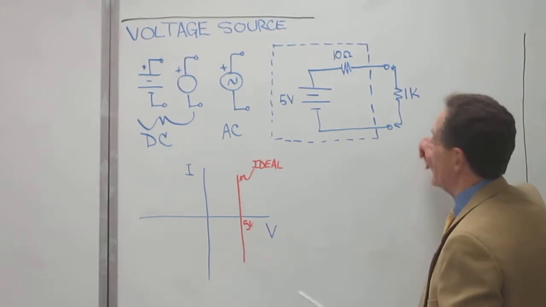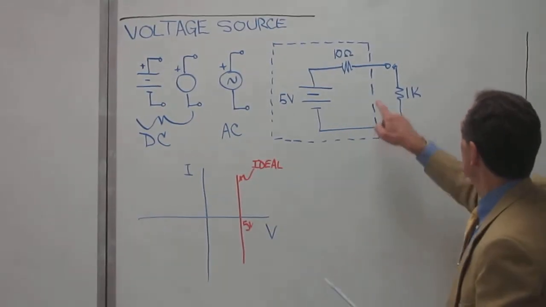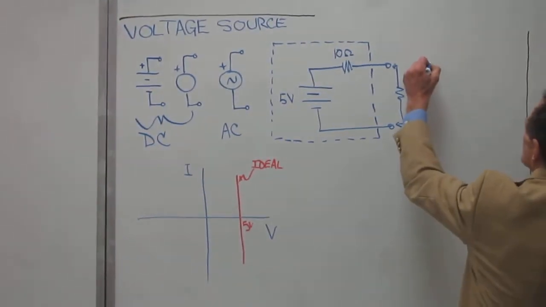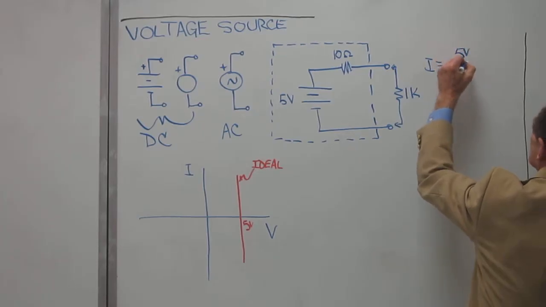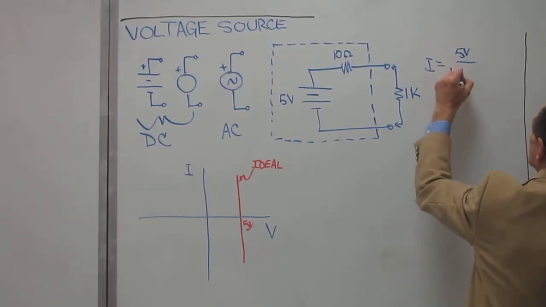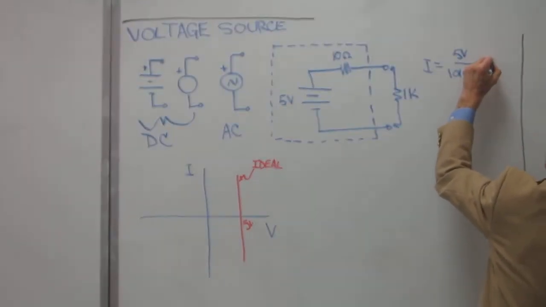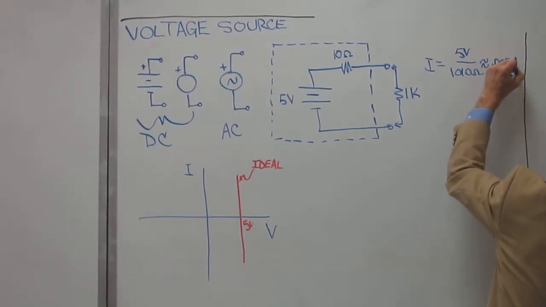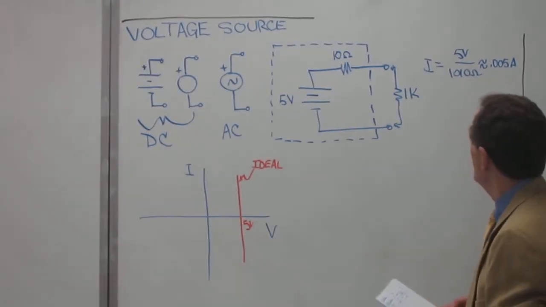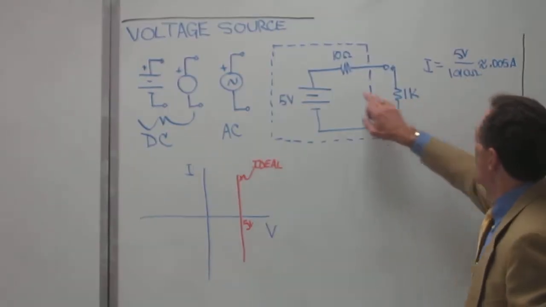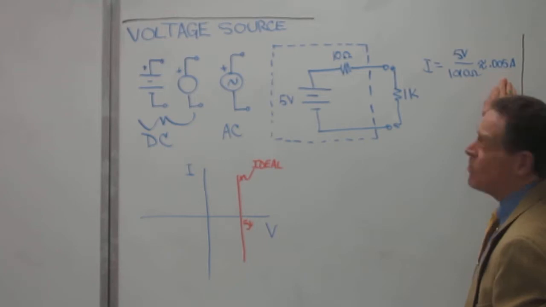And what would be the amount of the current? Well, I equals 5 volts over 1,010 ohms, which is approximately 5 milliamps, 0.005 amps, right?